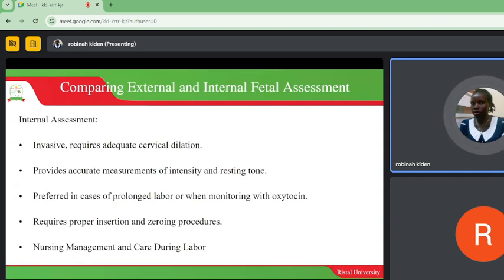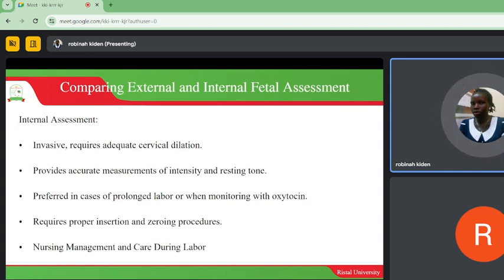It is preferred in cases of prolonged labor or when monitoring with oxytocin. So, in cases where the mother has been given oxytocin, or where the labor has taken long, it is very important that this type of assessment is done.